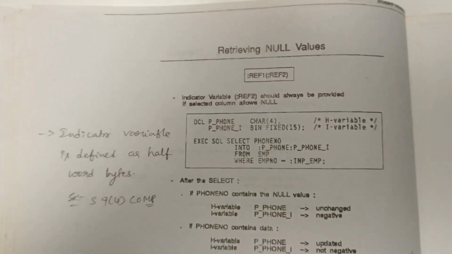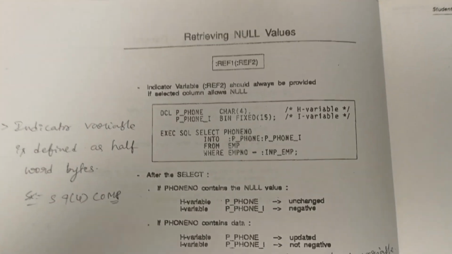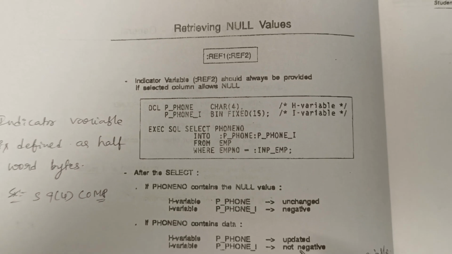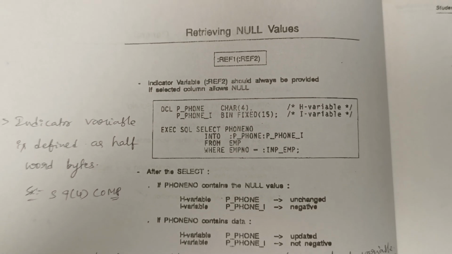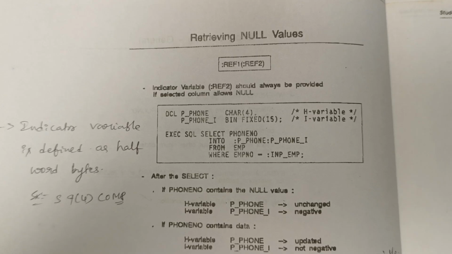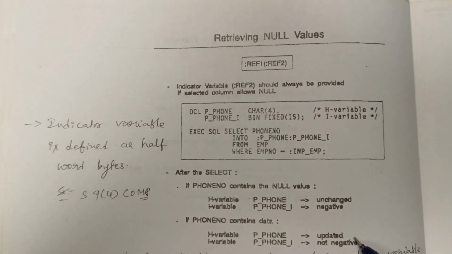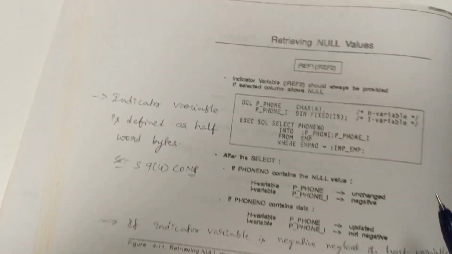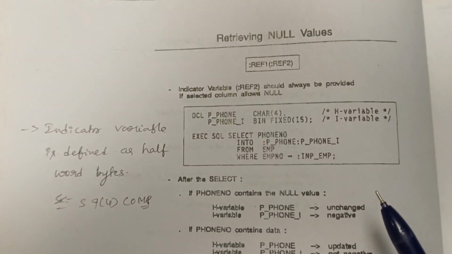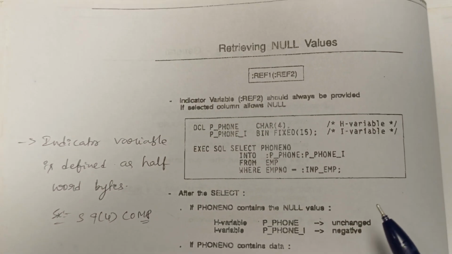Now another important topic: how to handle the null values in DB2. Whenever you are selecting from a DB2 table in a program, how do you handle null values? We can see some examples of what null values are, how to fetch the null values, and how to update the null values.